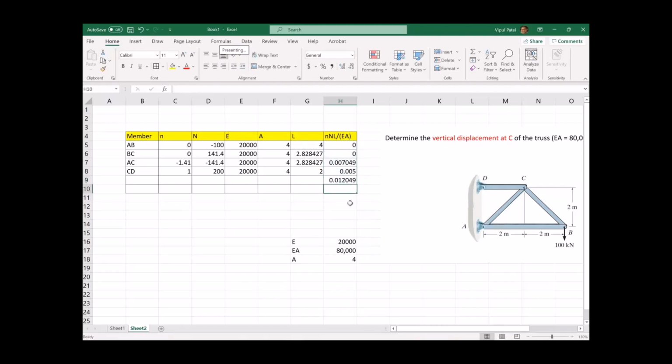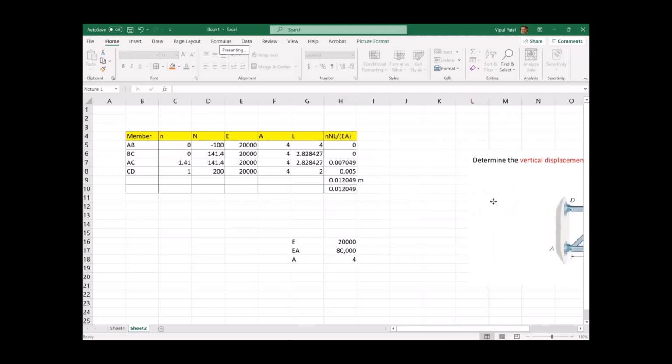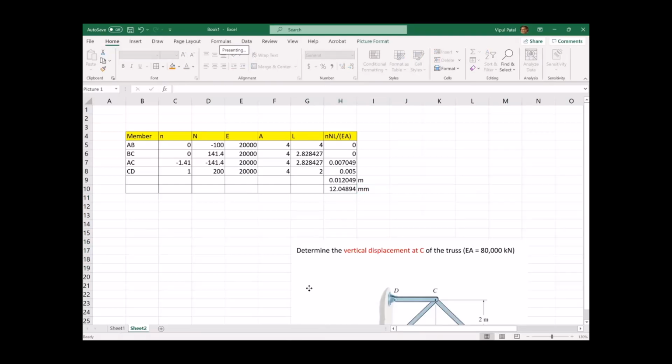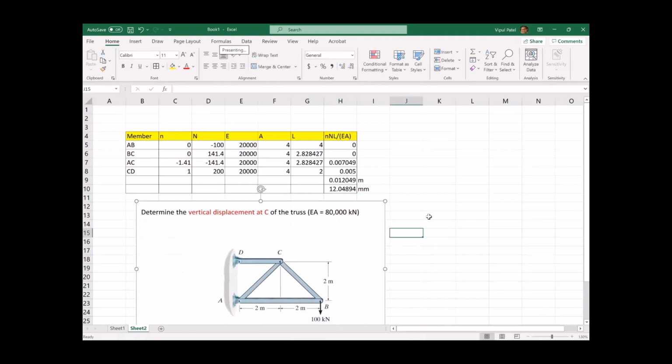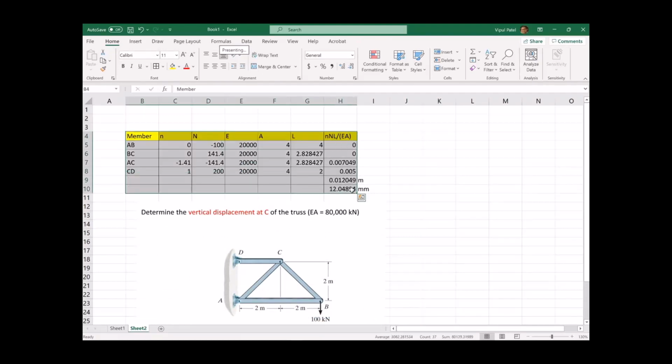That's in meters, and you can convert this into millimeters by multiplying by 1000. So that is in millimeters. I think that's very handy. As you can see, engineers generally use Excel to verify all your hand calculations. So you can use Excel as well.